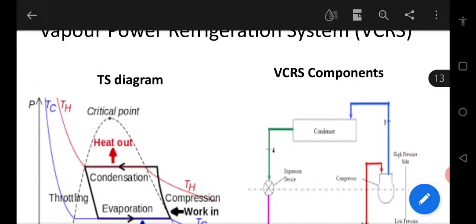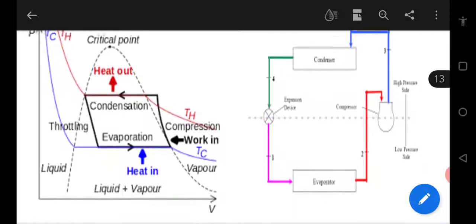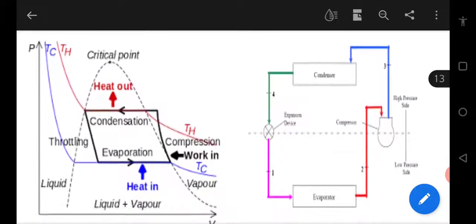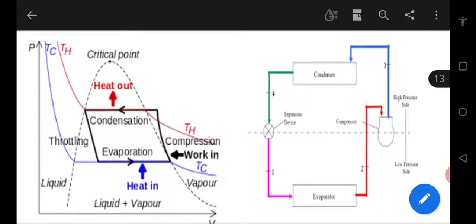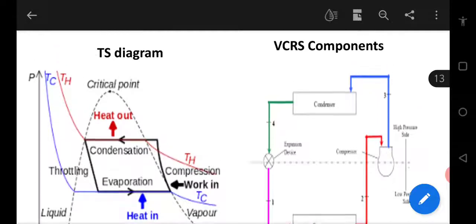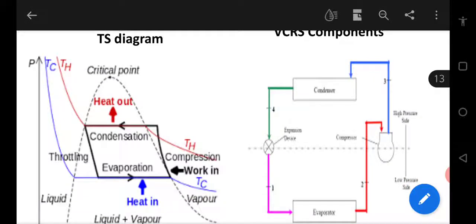And this is the temperature-entropy diagram, but, sorry, this is the PV diagram. You can see the various temperatures like TH and TC, given in different colors. Red is the hot temperature, and TC is the cold temperature, the evaporator temperature basically.